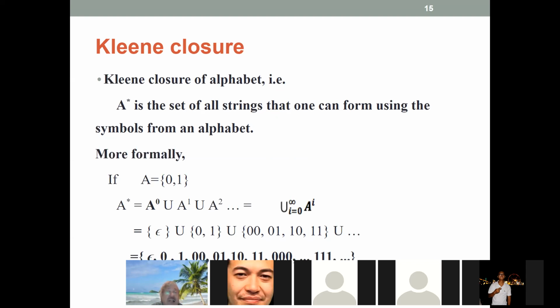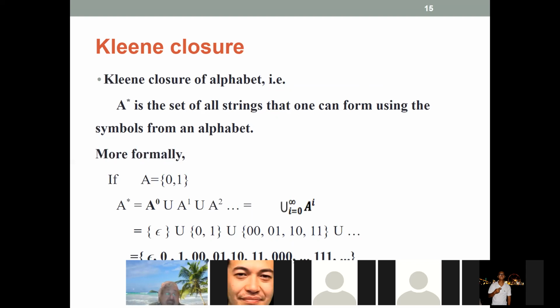So the Kleene closure of an alphabet. We use terminology A superscript star. So if I say A star, please put the star up top. The superscript, you might be tempted to say the exponent, but that's like the superscript. We got that by now. A star is a set of all strings that one can form using the symbols from an alphabet.